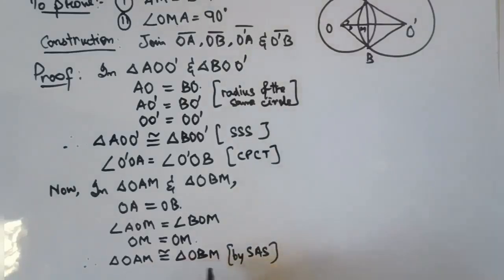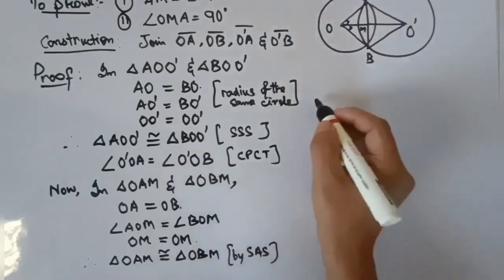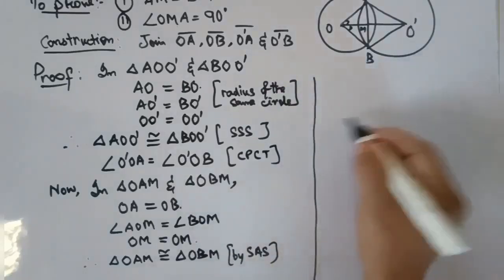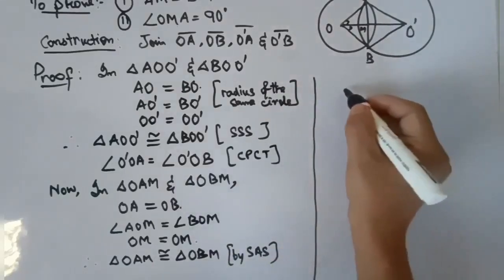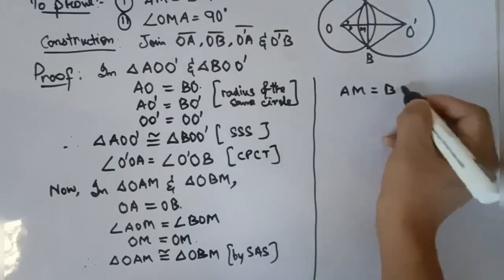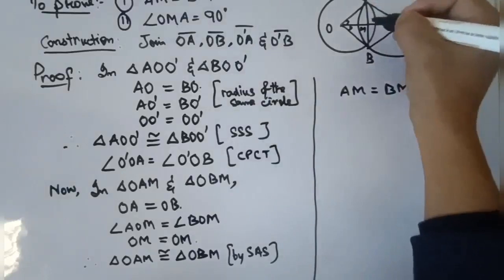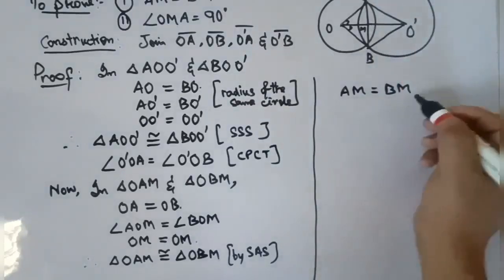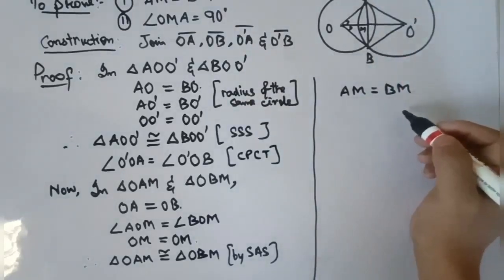Now, since these two triangles are congruent, we can say that AM is equal to BM. That is, we have proved the first part.